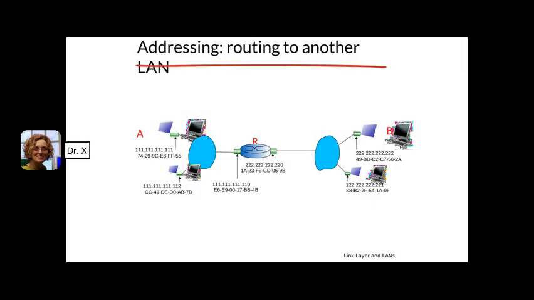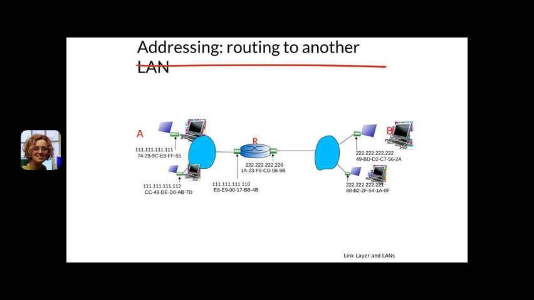So here you see two subnets trying to connect, and in this case, we have a router between those two subnets. So I want you to think, now that we're starting to put everything together, what will happen if A wants to talk to B in this case?